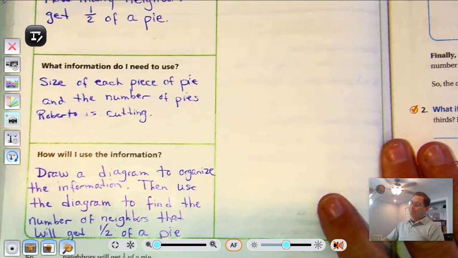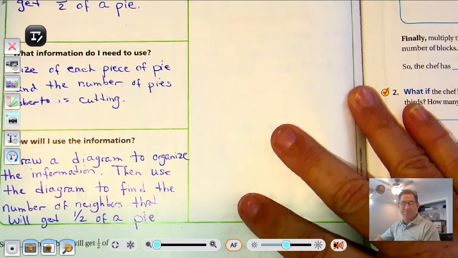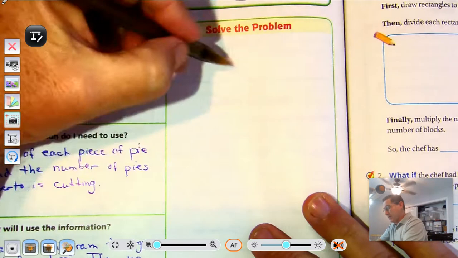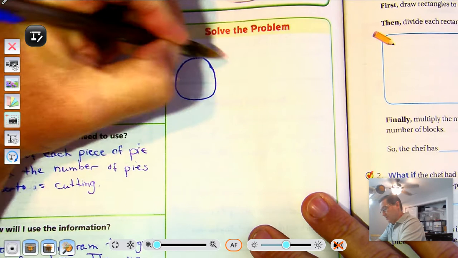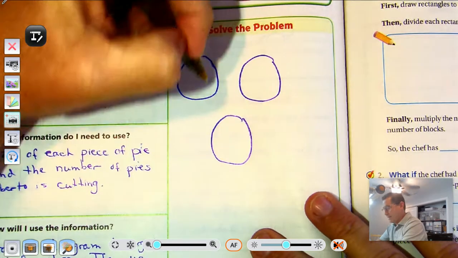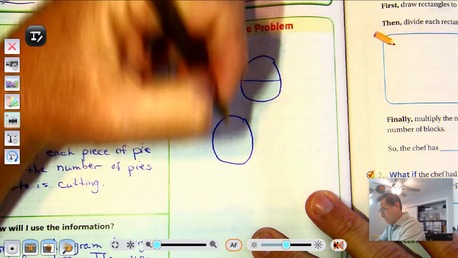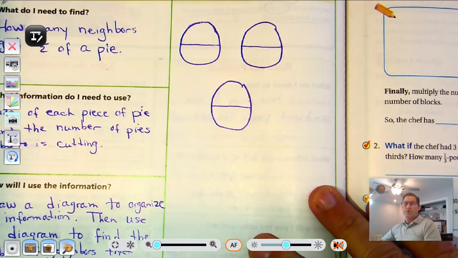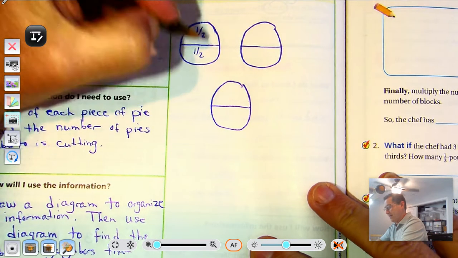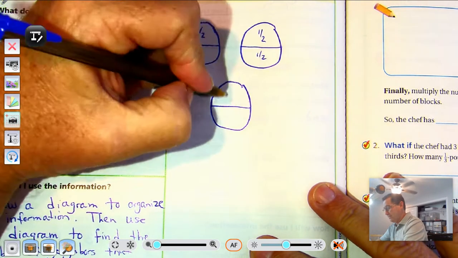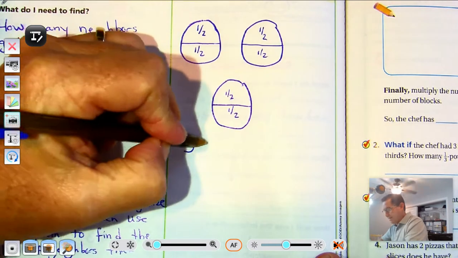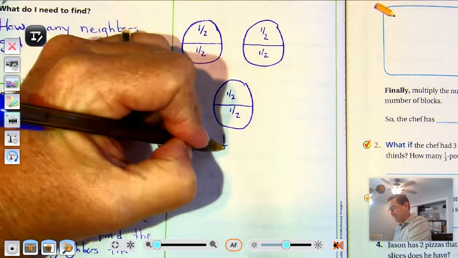All right, so let's use circles this time. Okay, so we're going to use the diagram to find the number of neighbors that will get half of a pie. So we have 3 pies, and he's going to cut them into halves, right? So 1/2, 1/2, 1/2, 1/2, 1/2, 1/2. So we're taking the 3 pies, dividing them into halves.